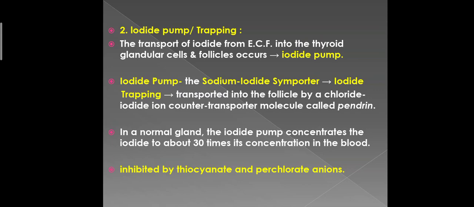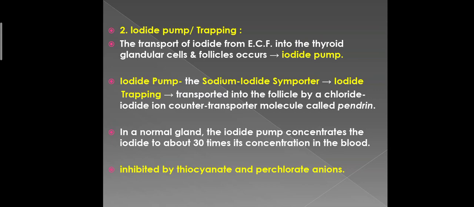This pump co-transports one iodide ion along with two sodium ions across the basolateral membrane into the cell. The energy for transporting iodide against a concentration gradient comes from the sodium potassium ATPase pump, which pumps sodium out of the cell and thereby establishes a low intracellular sodium concentration and a gradient for facilitated diffusion of sodium ions into the cell.